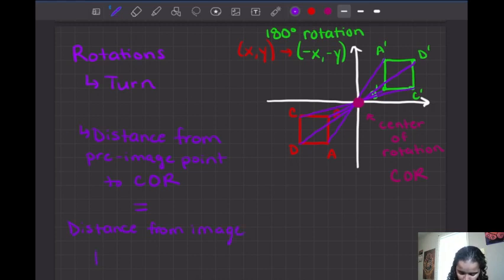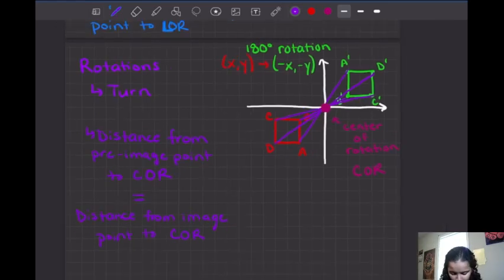So the distance from the pre-image point to your center of rotation is going to equal the distance from your image point to that center of rotation, okay? So there's no specific relationship between the actual line segments themselves here anymore. Now the relationship exists between those points, so the pre-image and image points, and that center of rotation, okay?